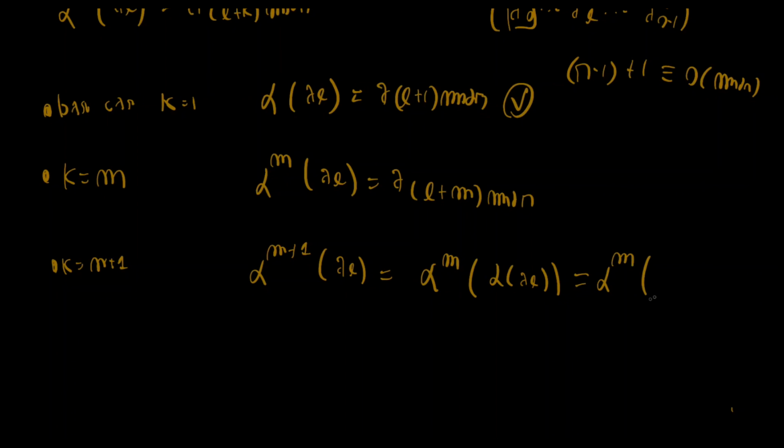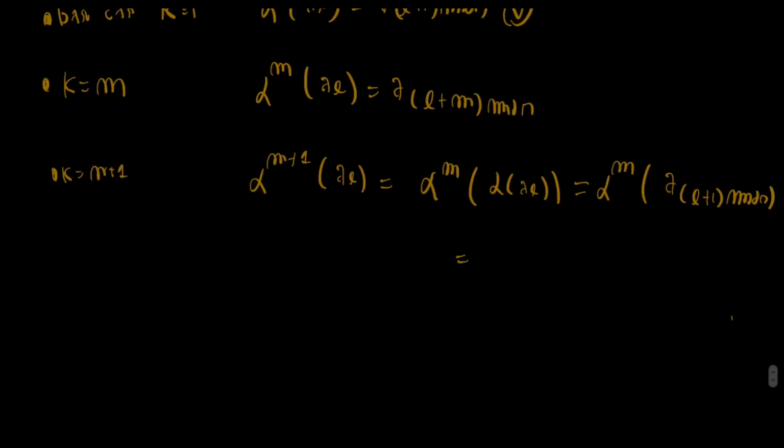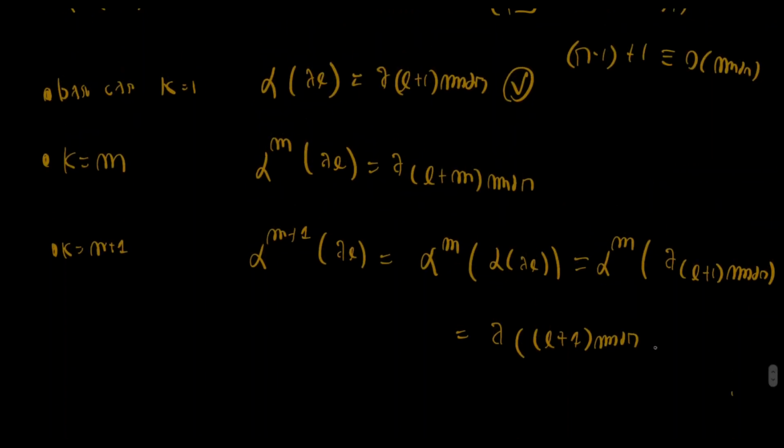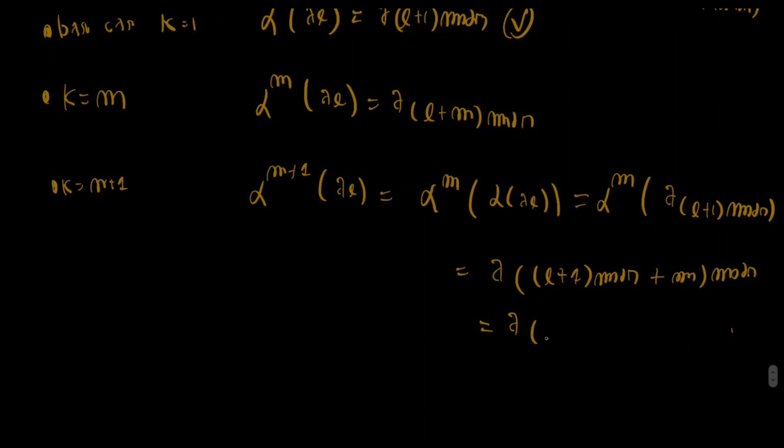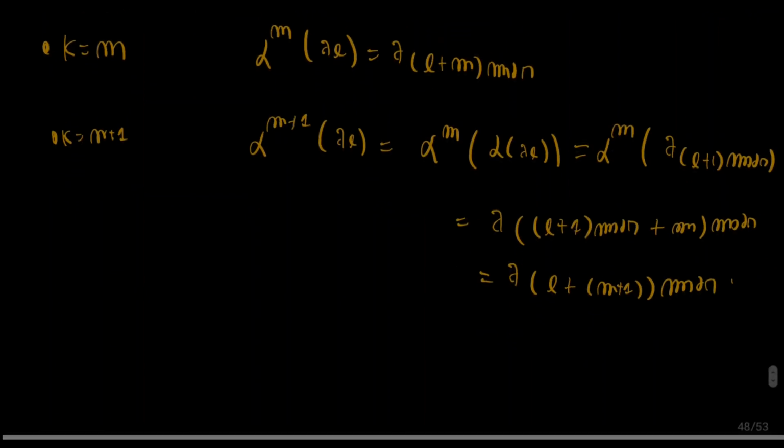So this is φ^m of a_(l+1 mod n), and at this point, applying the induction hypothesis, we get that this is equal to a_((l+1) + m mod n). But all of this is just equal to a_(l+m+1), everything mod n, by the properties of operations modulo n.